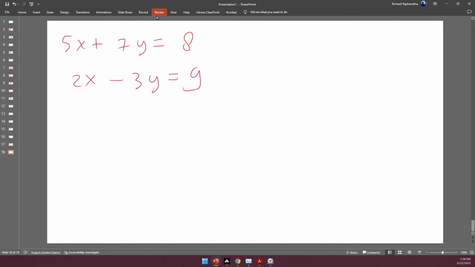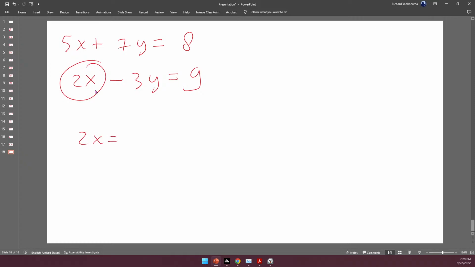So if you want to do substitution, you want to get one of these into x equal to blah blah blah or y equal to blah blah blah. Pick the easiest one. So that's why I will go with this. I want to change this into x equal to blah blah blah.